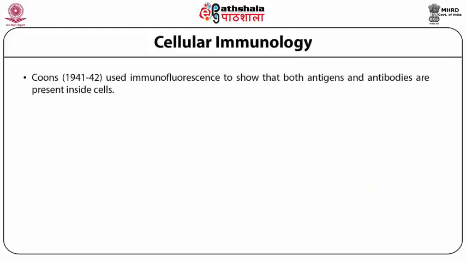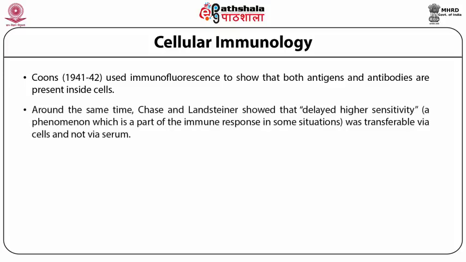Coons, in the period 41-42, used immunofluorescence to show that both antigens and antibodies are present inside cells. Around the same time, Chase and Landsteiner showed that delayed hypersensitivity, a phenomenon which is a part of the immune response in some situations, was transferable via cells and not via serum.